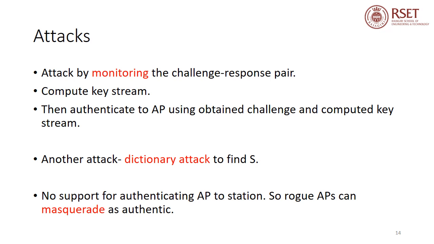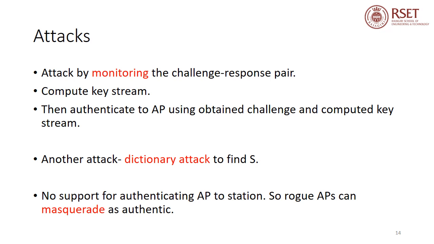And once they can compute the key stream, an attacker can also authenticate himself to an access point by using the obtained challenge value and the computed key stream. And the access point will have no idea whether the station trying to authenticate is an attacker or a genuine wireless station.